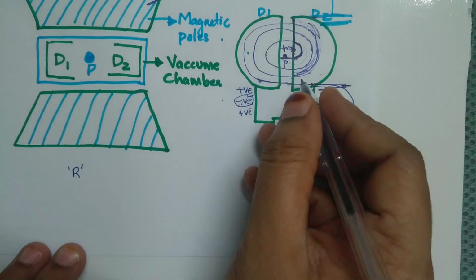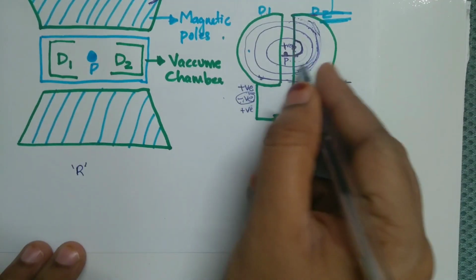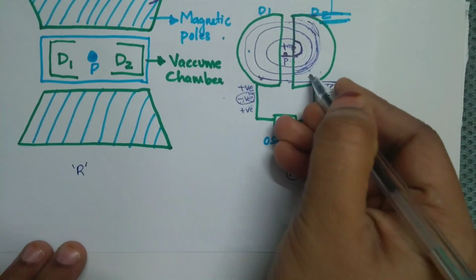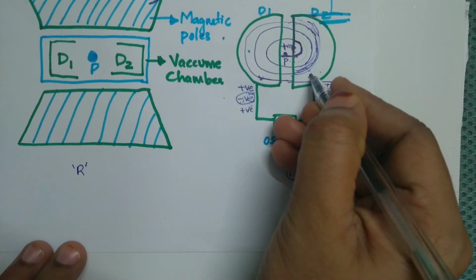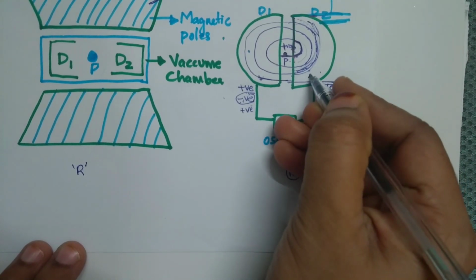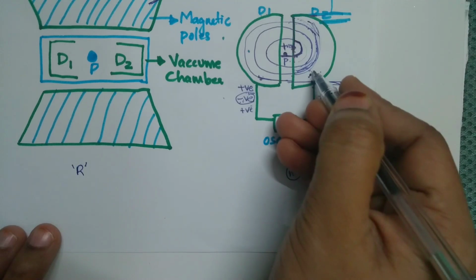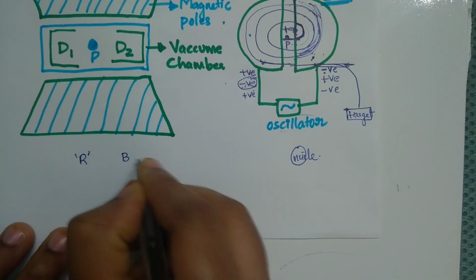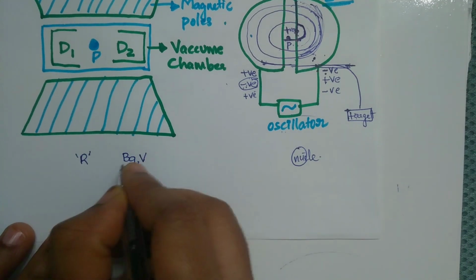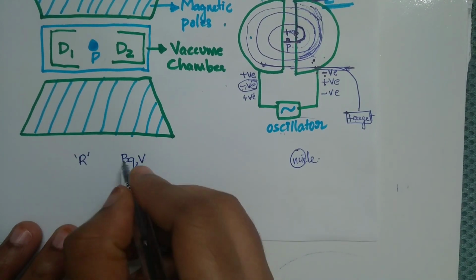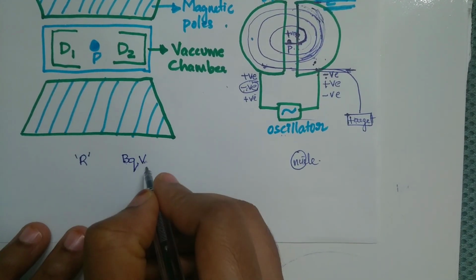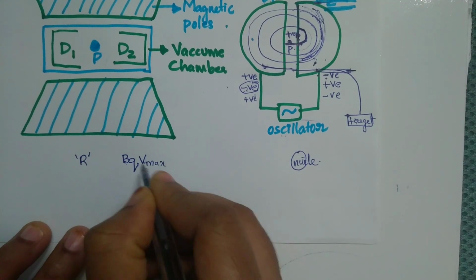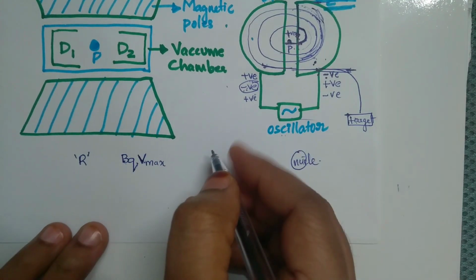Since inside the D's the electric field is 0, only the magnetic field will act. So due to the magnetic force, the force is given by Q into V cross B, right? This is the Lorentz force equation. This is moving with a maximum velocity in the outer orbit.